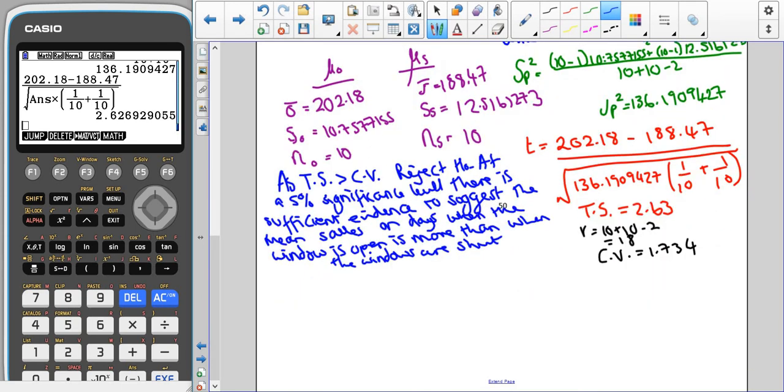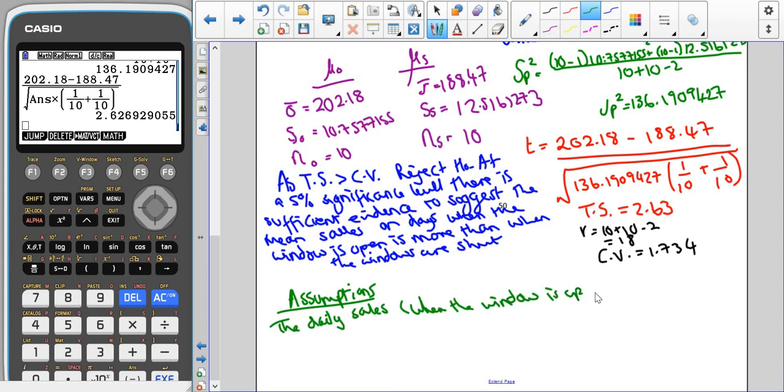So our assumptions here: the daily sales, and this is for when the window is opened or shut, are normally distributed because it's a small sample, and it'll always be a small sample with the t-test.